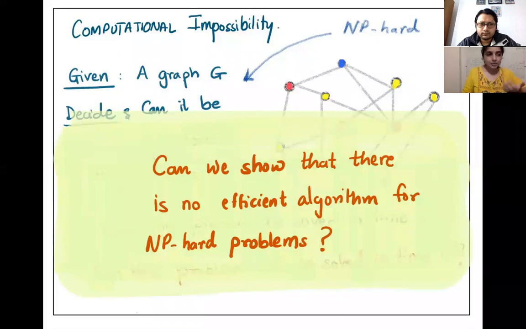Impossibility results made their appearance in the form of this theory of NP hardness. Can we show that there is no efficient algorithm for NP hard problems? This question got posed, and a whole area originated from inquiries of this nature.